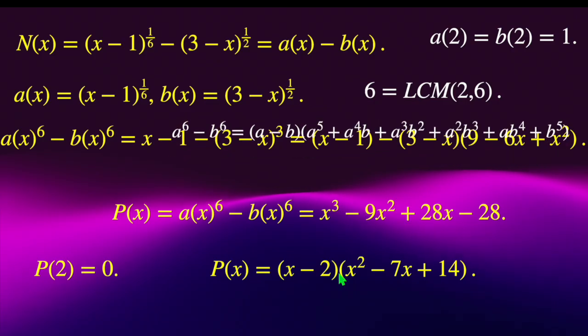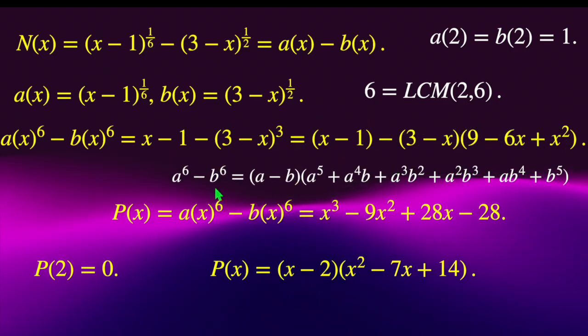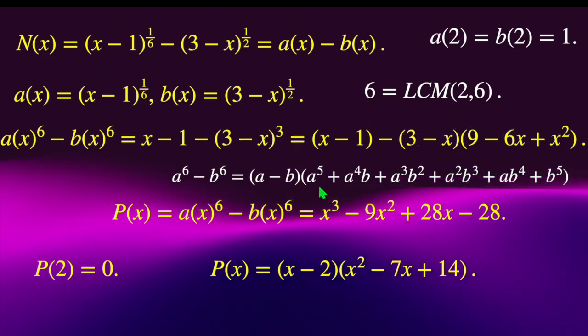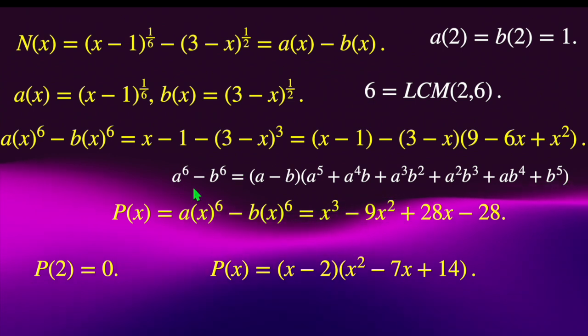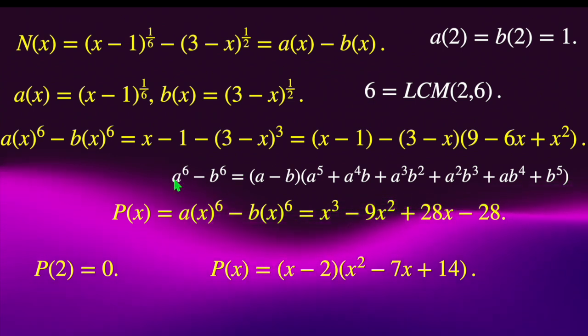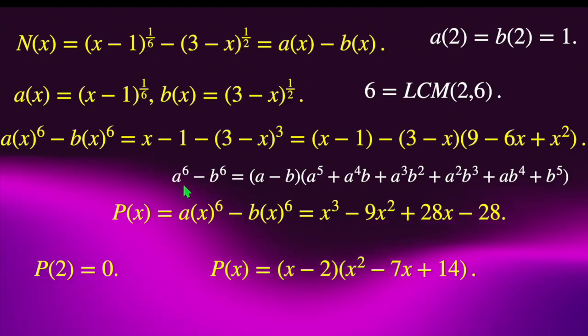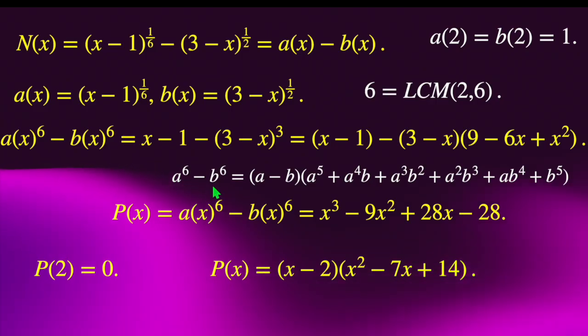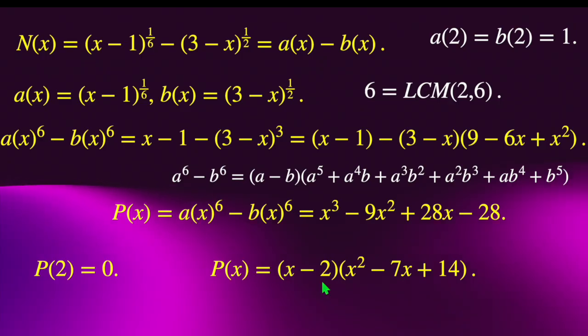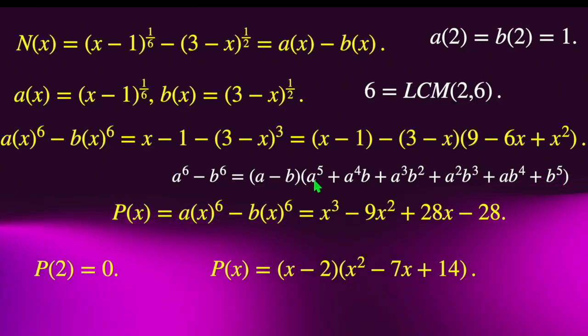Now we will use our algebraic identity: a power 6 minus b power 6 is equal to... So if we plug a(x) and b(x) here, we will get that this polynomial a(x) power 6 minus b(x) power 6 has a(x) minus b(x) as a factor.